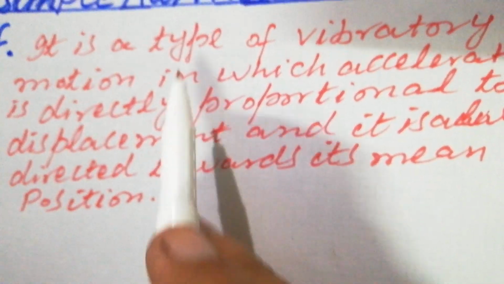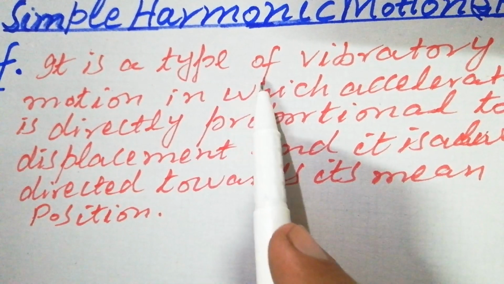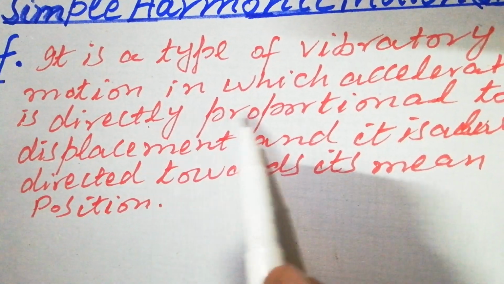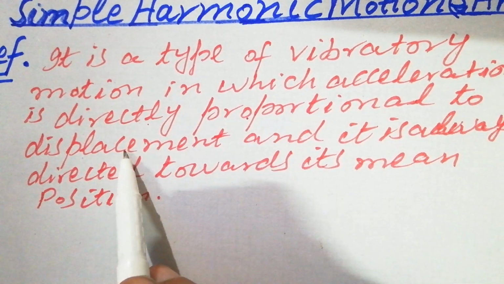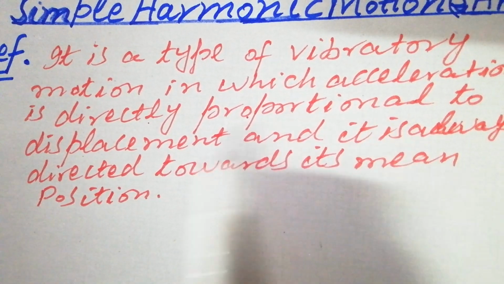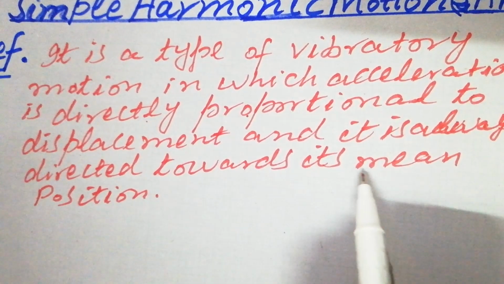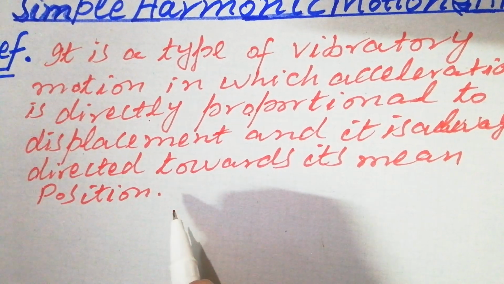Look at the definition, students. SHM is a type of vibratory motion in which acceleration is directly proportional to the displacement and it is always directed towards its mean position.